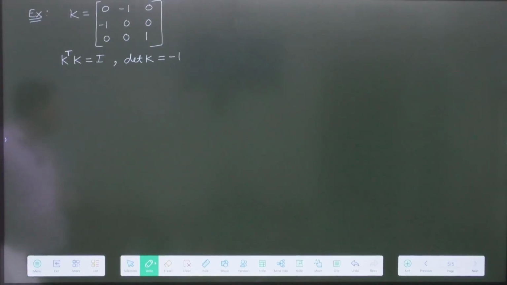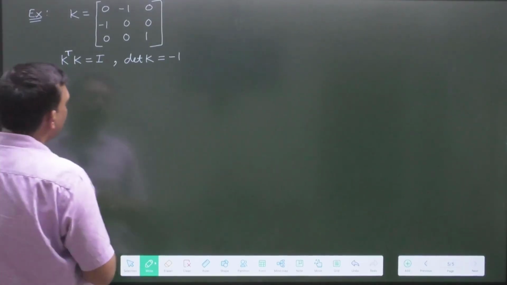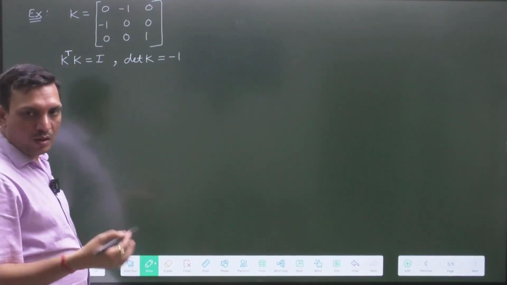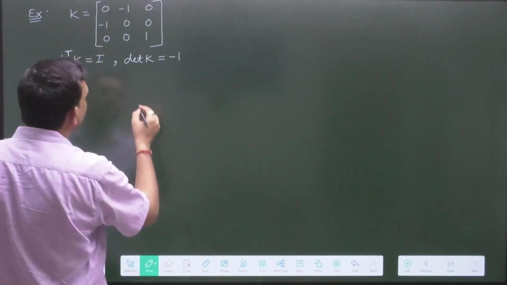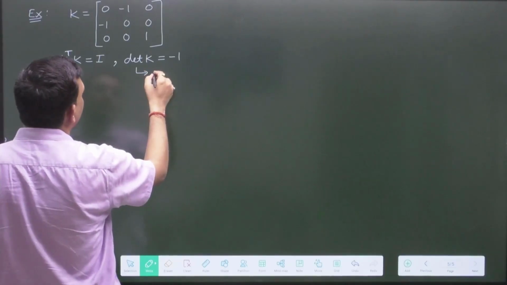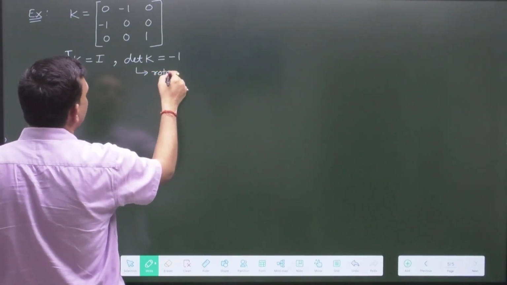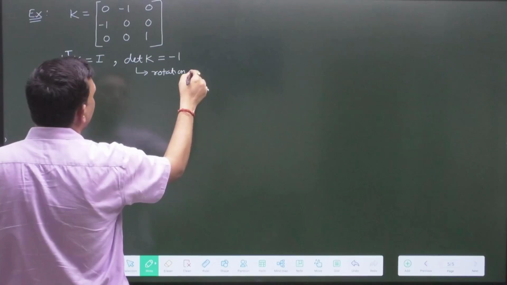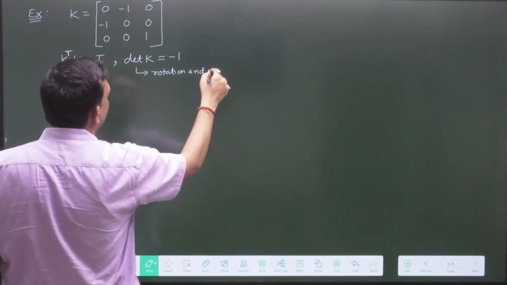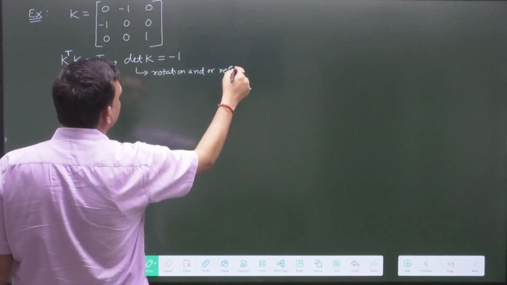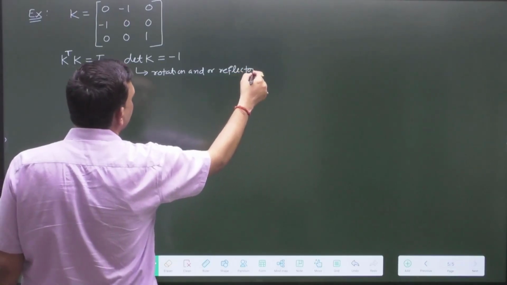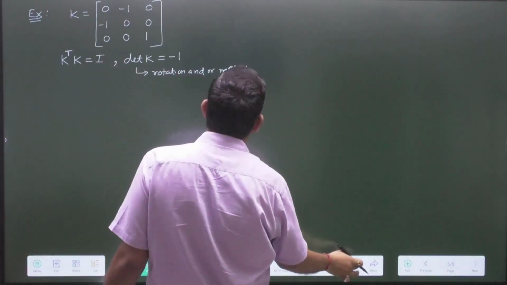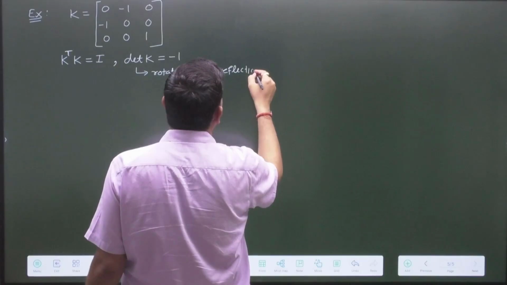Determinant K is minus 1. So this corresponds to rotation and/or reflection.